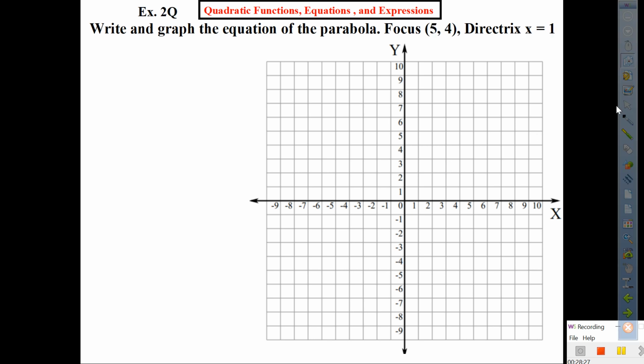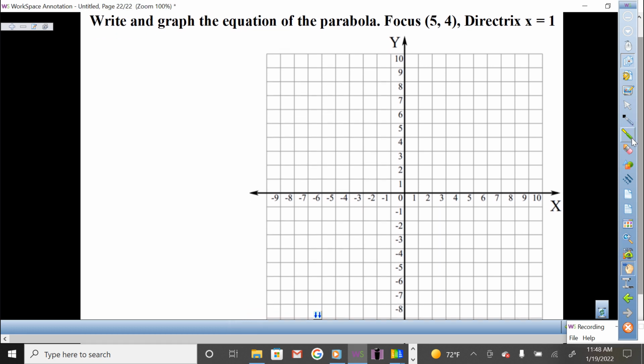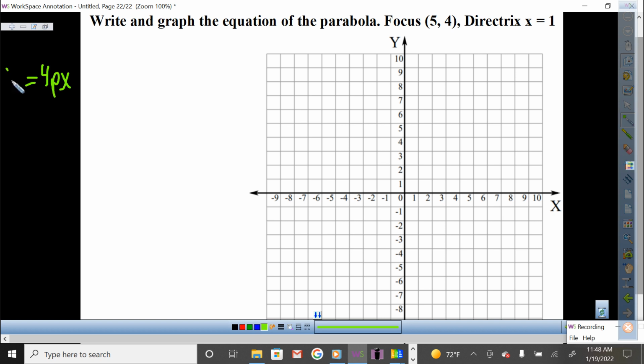Copy this one. Focus 5, 4, directrix x equals 1. All right. By looking at the directrix, it says what? x equals something, yes? So if it was going to the point of origin, what would be my first equation that I would think of? 4px equals to what? y squared, yes?